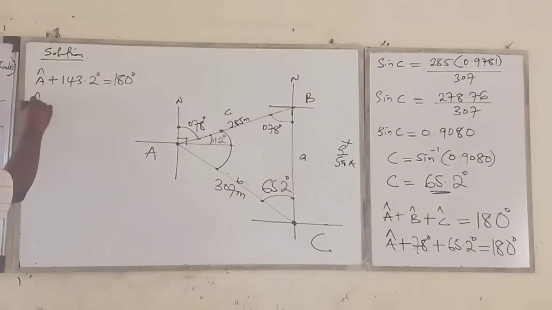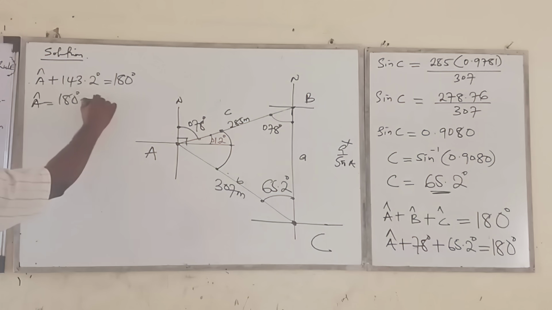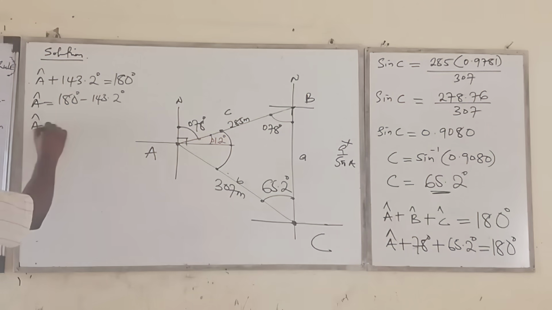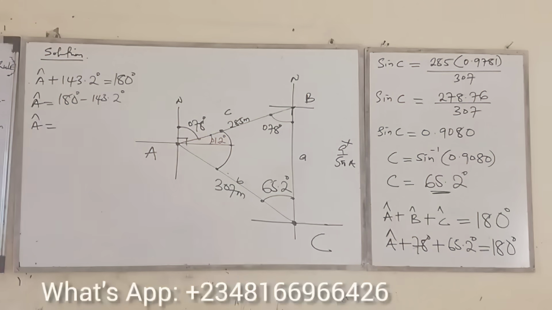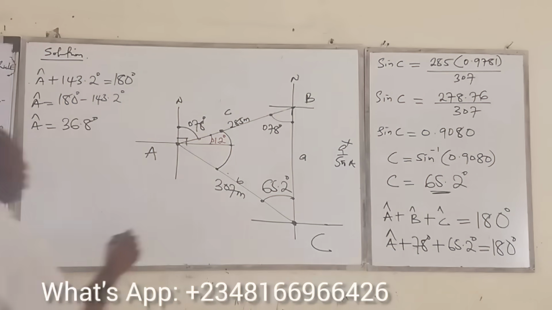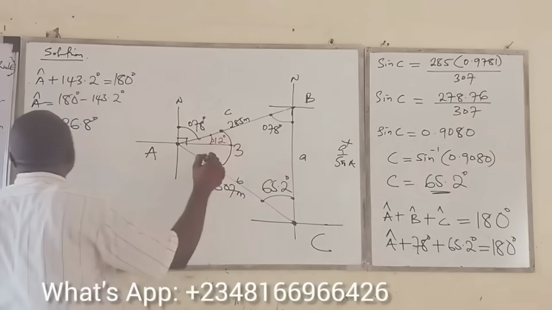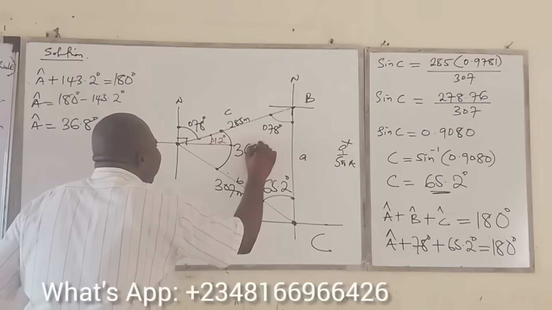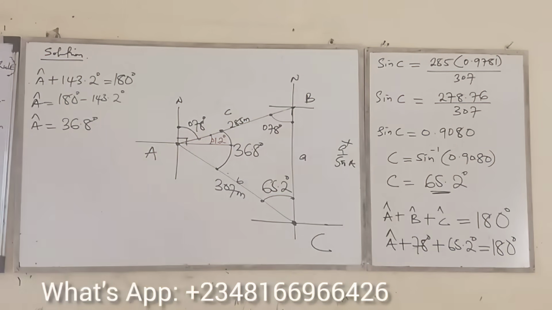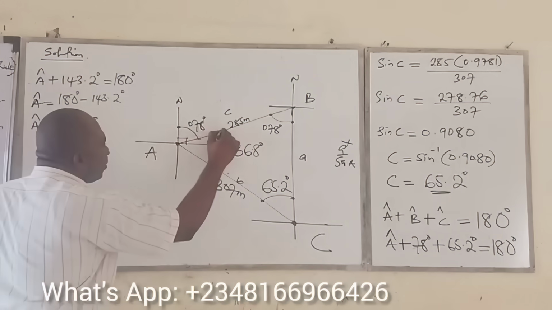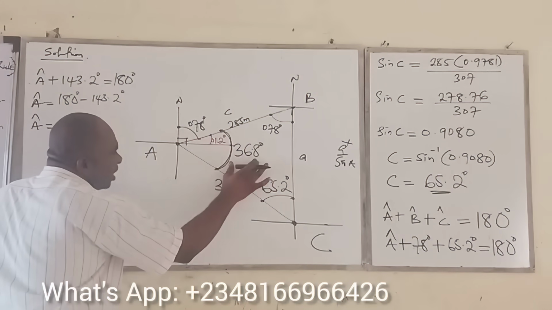So to get the value of A, let's collect like terms. We have 180 degrees minus 143.2 degrees, so angle A will be 36.8 degrees. So the whole of this angle from this point to this point is 36.8 degrees.